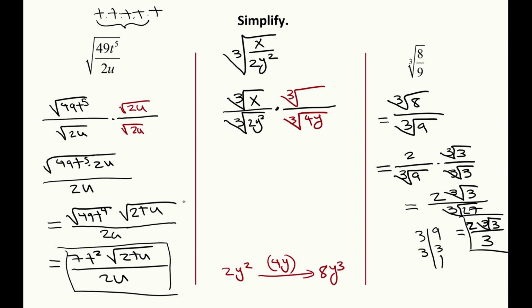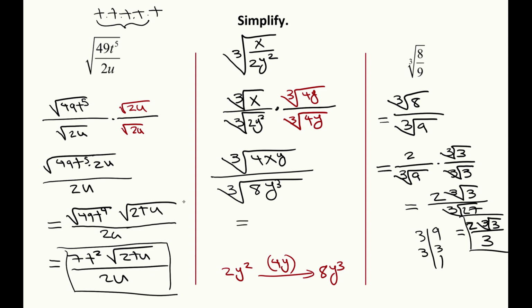So of course we have to do the same on the top. Notice how it works out nicely now. We get the cube root of 4xy on the top. On the bottom, we now have the cube root of 8y cubed, which is a nice perfect cube.